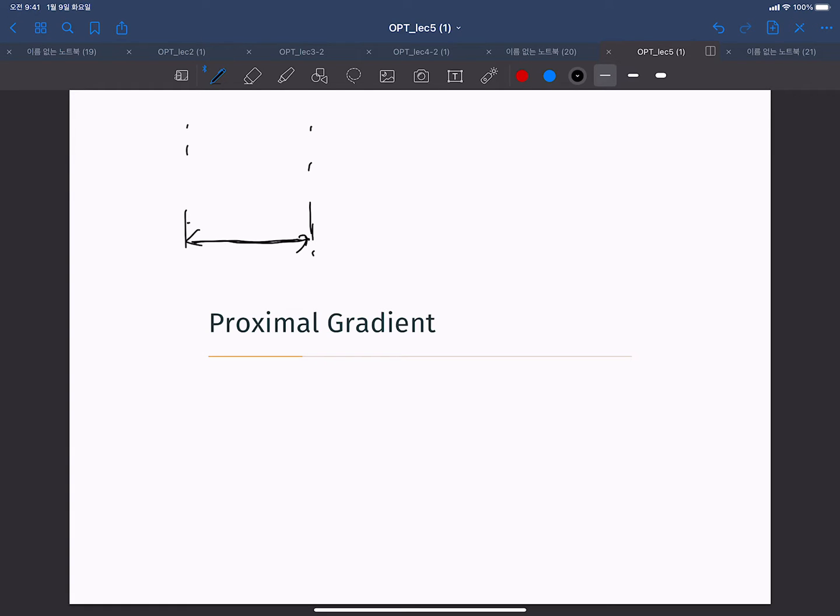For this convex constraint set, the perfect additional barrier cost function will be this. So 0 for inside feasible point, and infinity outside, for the whole outside point x.